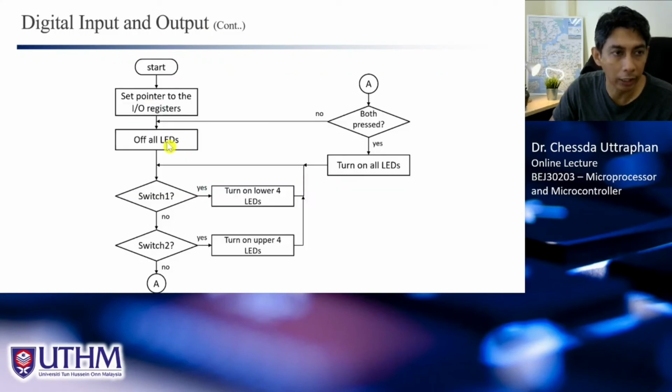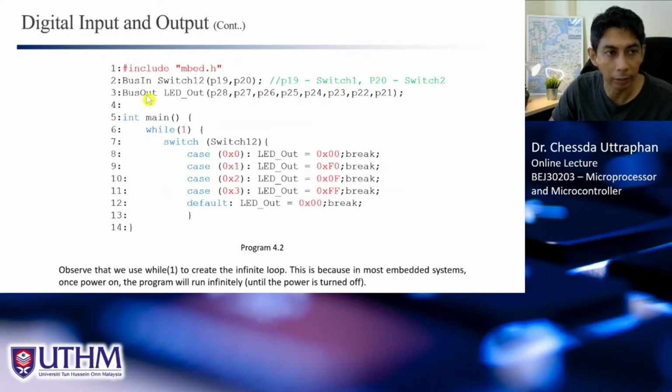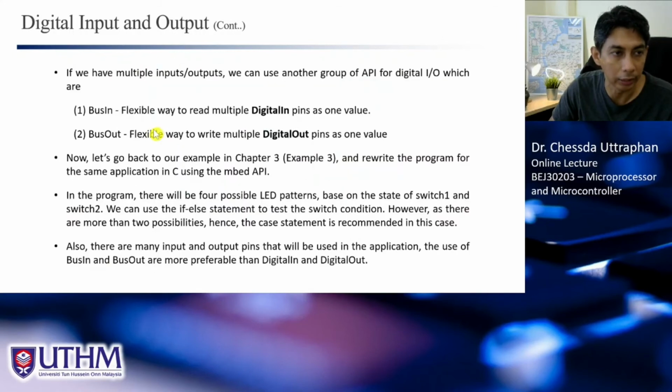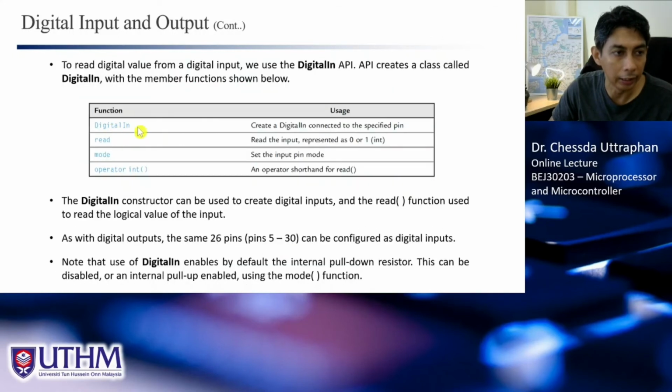But if you have only a very small number of digital inputs and digital outputs, you can use DigitalIn and DigitalOut. So this one is one single pin, right? DigitalIn what pin? P5, P6, P7 or whatever pin. DigitalOut P5, 6, 7 or whatever pin.